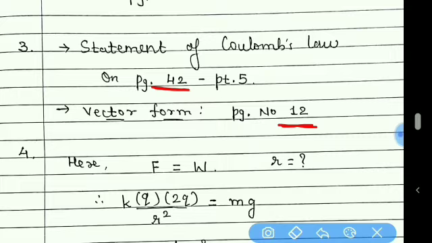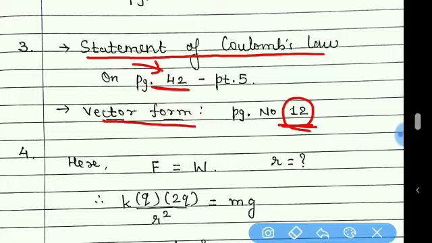On page number 42 the statement of Coulomb's law is given, and on page number 12 the rest of the description in vector form is given. On page number 45 only Coulomb's law is given, which is point number 5 on that page.